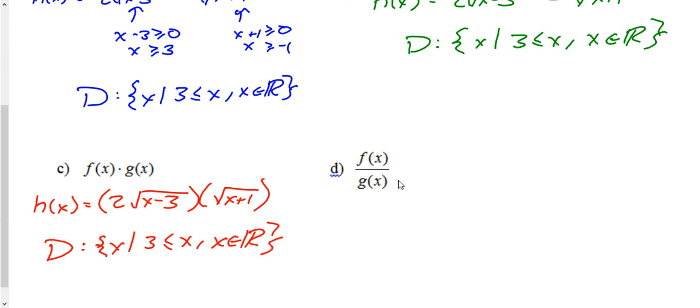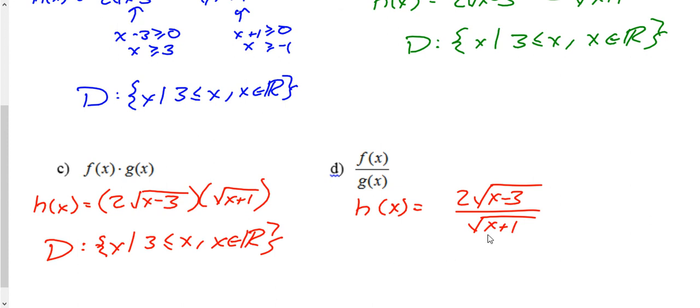And finally, over here for our division statement, h of x is equal to 2 root x minus 3, all of that divided by root x plus 1. And in this case here, if you want to rationalize the denominator, you can do that. But here, that was our setup, and all you have to do is figure out our domain.